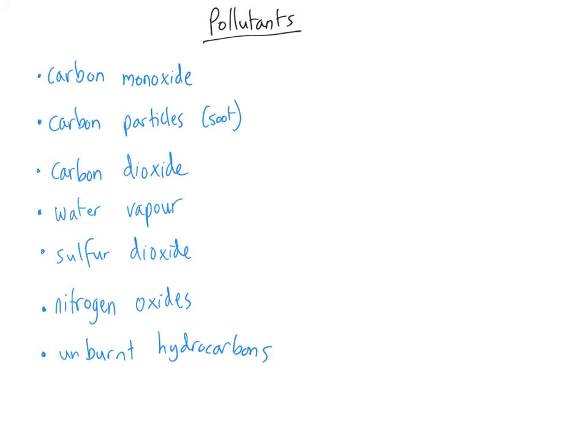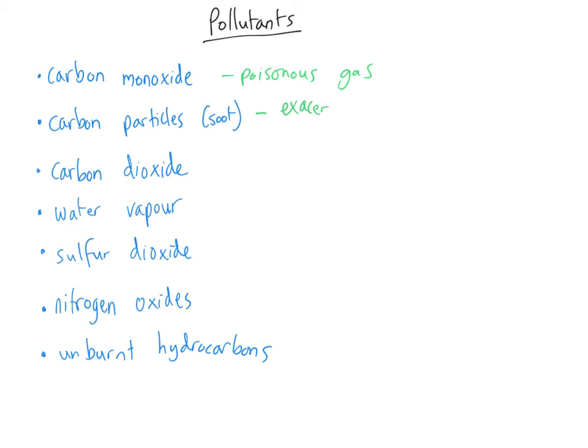So these 7 substances are the most common pollutants that you need to be aware about. We've already mentioned some of them. Carbon monoxide is a poisonous gas, and it's made through the incomplete combustion of the alkanes. In the same way, the carbon particles, sometimes called particulates, can exacerbate asthma.